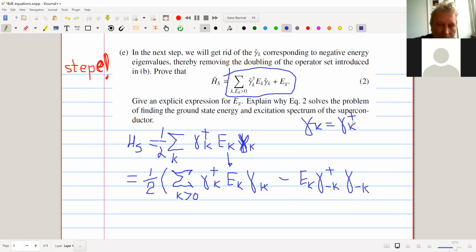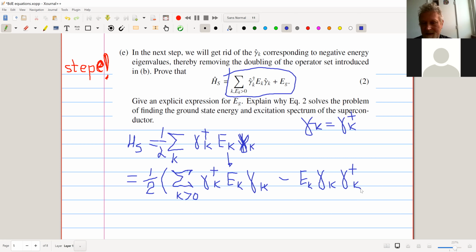Fine, I write it as gamma k, gamma dagger k. Fine. So now I use only operators from a half of the set. I removed the doubling.